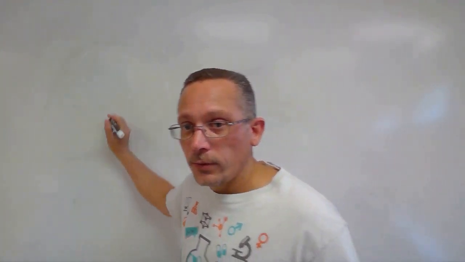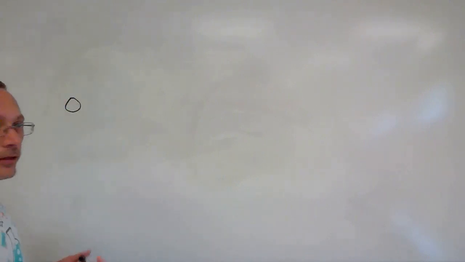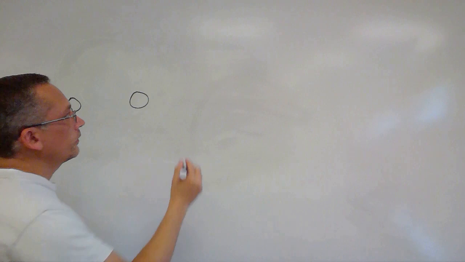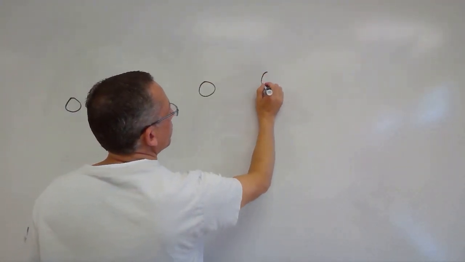How do I talk about something's motion? Let's think about a ball rolling along the floor. Maybe it starts out over here, and then later it's over here, and then later over here, and then over here.